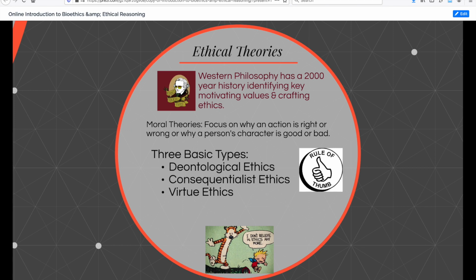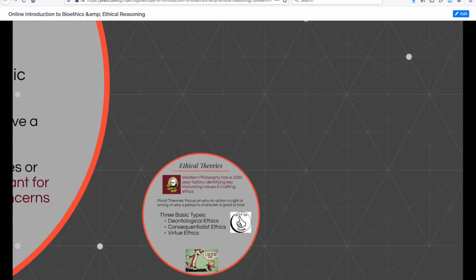And virtue ethics, out of the 3 basic types here, is largely focused on character, whereas deontology, which literally comes from the root duty-based ethics, and consequentialist ethics, these are focused on determining whether or not an action itself is good or bad, or right or wrong, right? And these could provide us with general rules of thumb, and they often do, and they've been incorporated over the last 2,000 years into our general decision-making tools.